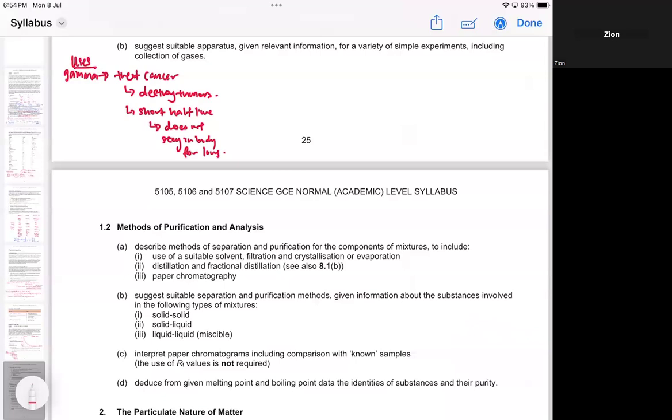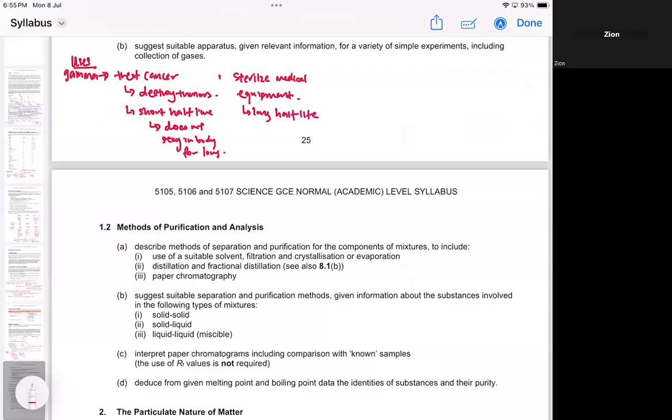Then we also use it to sterilize medical equipment. And the one used to sterilize normally has a long half-life. Why do you want that?